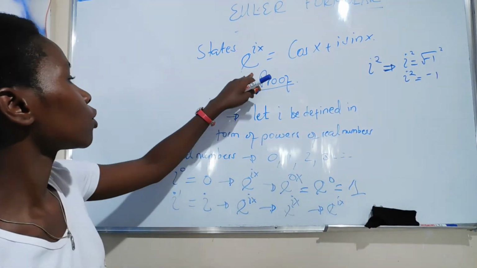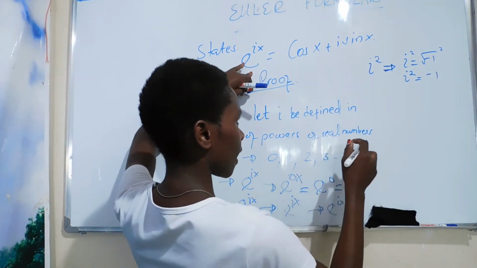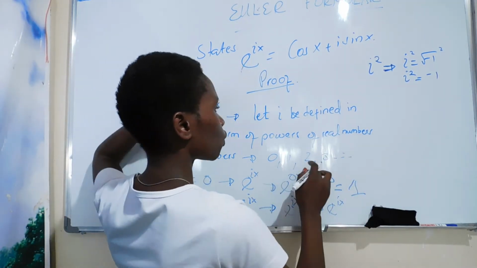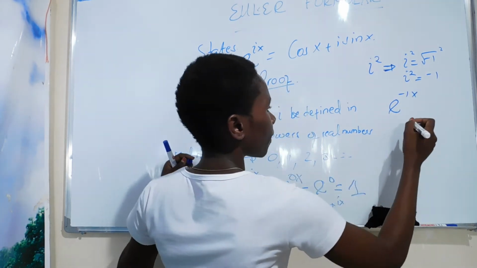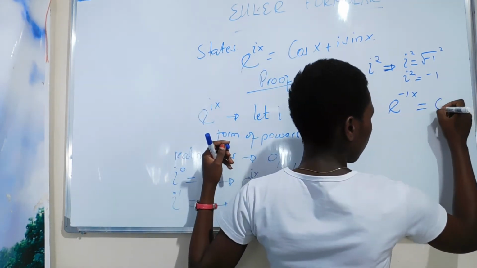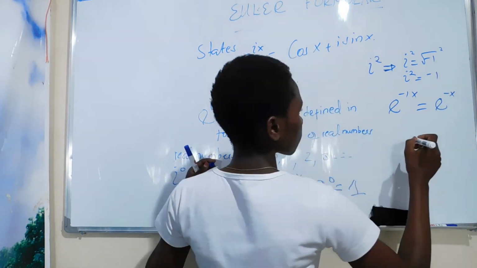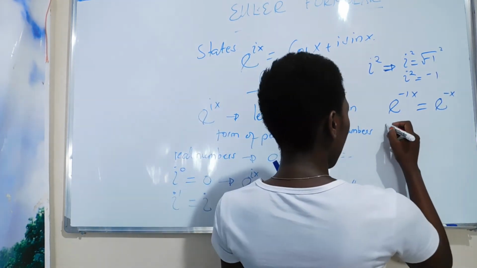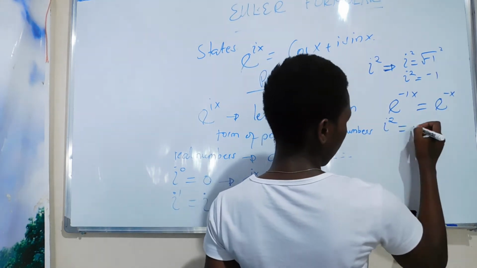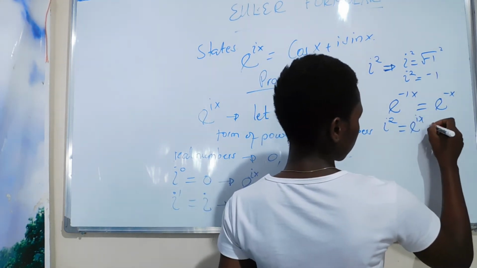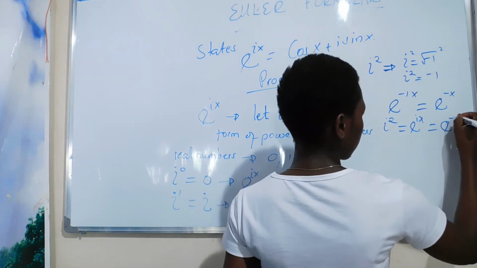So if I'm going to substitute my Euler there, ambayo nimesubstitute real number 2, itakuwa ni E -1x, ambayo hiki kitu ni sawa na kuandika E -x. So I ya square katika Euler E ya ix, hiki kitu ni sawa na E -x.